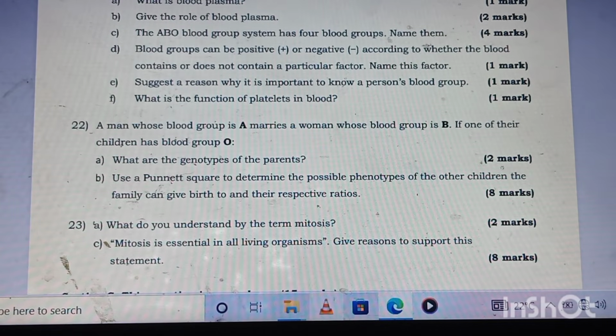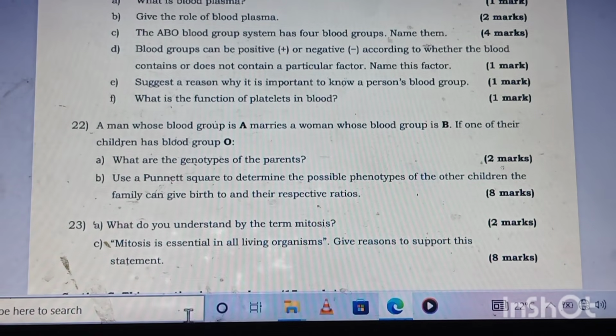And then for question B, use Punnett square to determine the possible phenotype of other children.